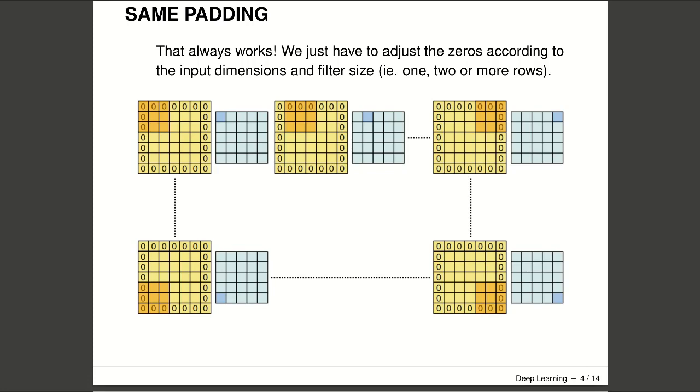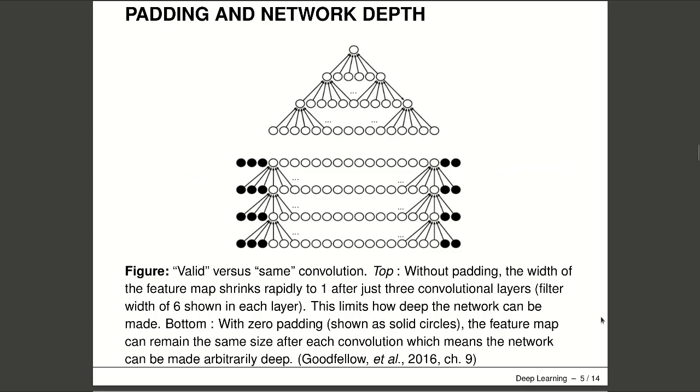With zero padding, the feature map can remain the same size after each convolution, which means the network can go arbitrarily deep. In this figure, for example, you can see a padded convolution versus the normal convolution. On top, without padding, the width and height of our feature map shrink rapidly to one after only three convolutional layers, which means we are not able to go deeper.